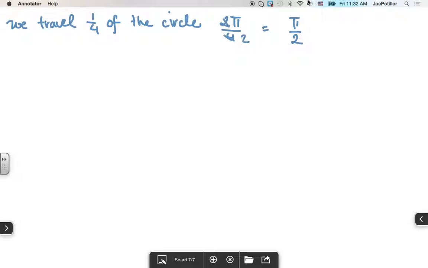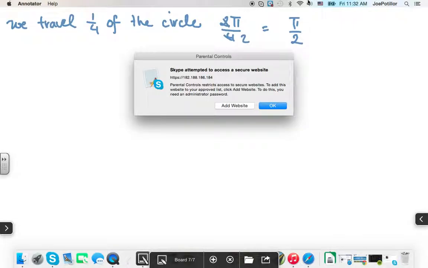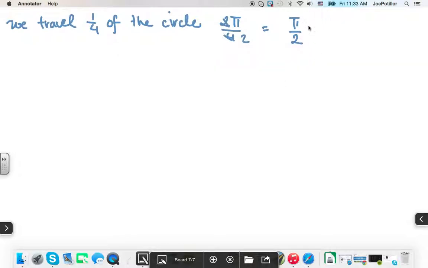We'll talk more about that in tomorrow's lecture. We'll go over some values like that. So from this particular point, that's our angle. This is our angle theta.